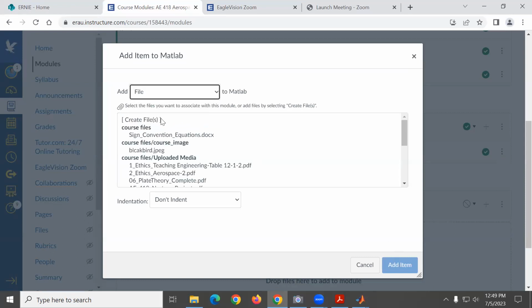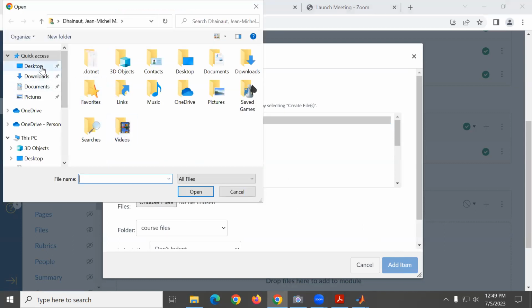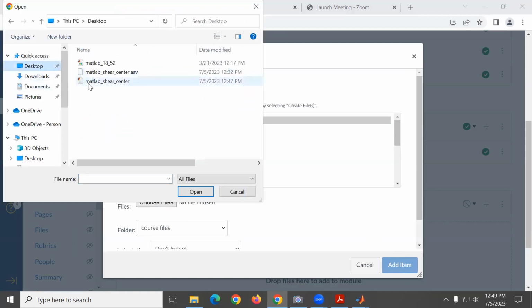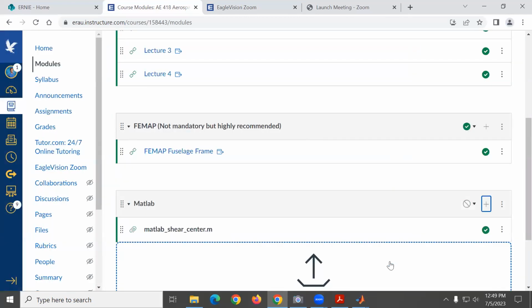File, create file, choose file, desktop. Okay, this is it. And if you want, you can use this one as a starting point to do the other problems as well, no?